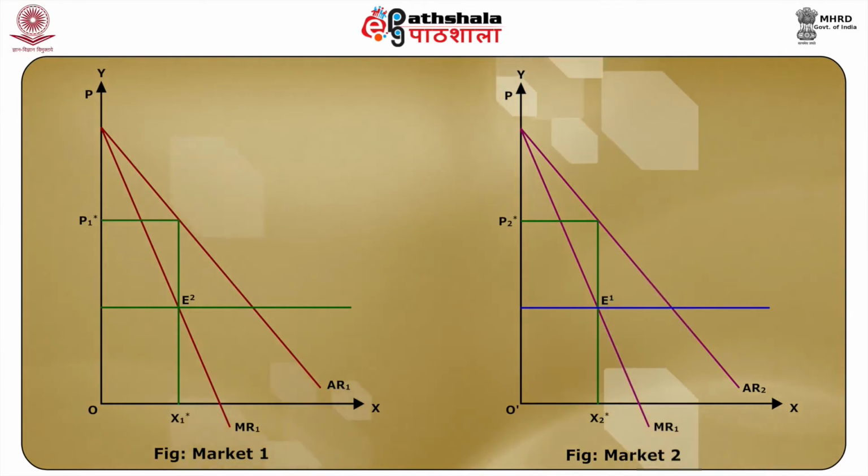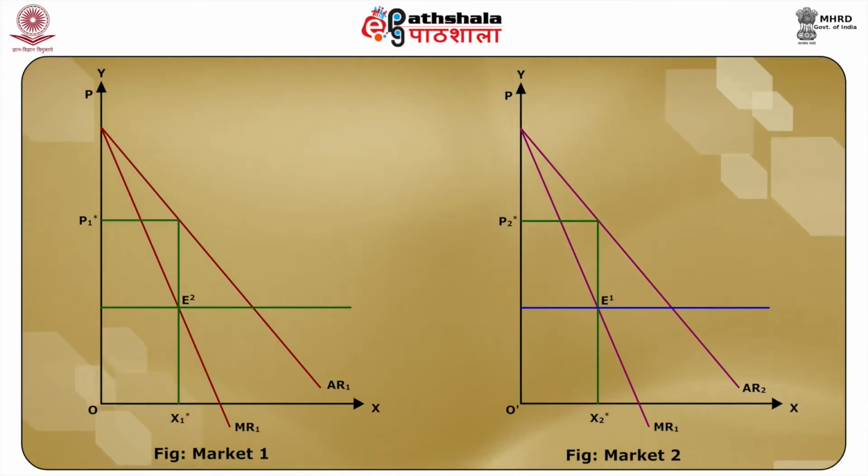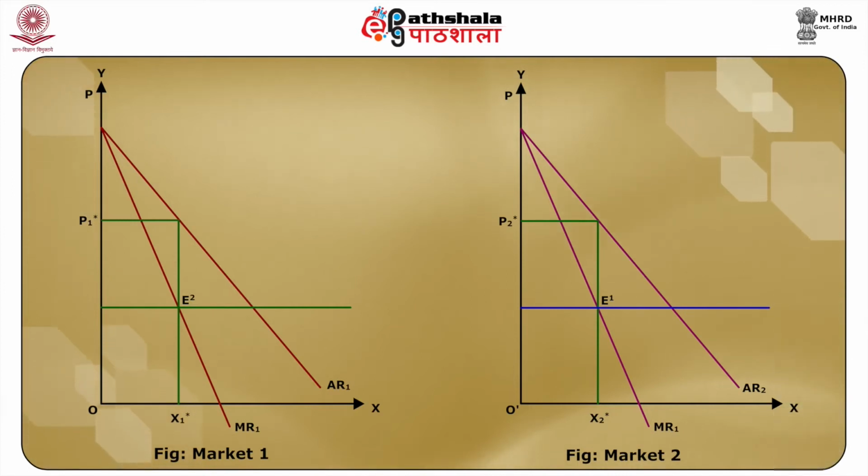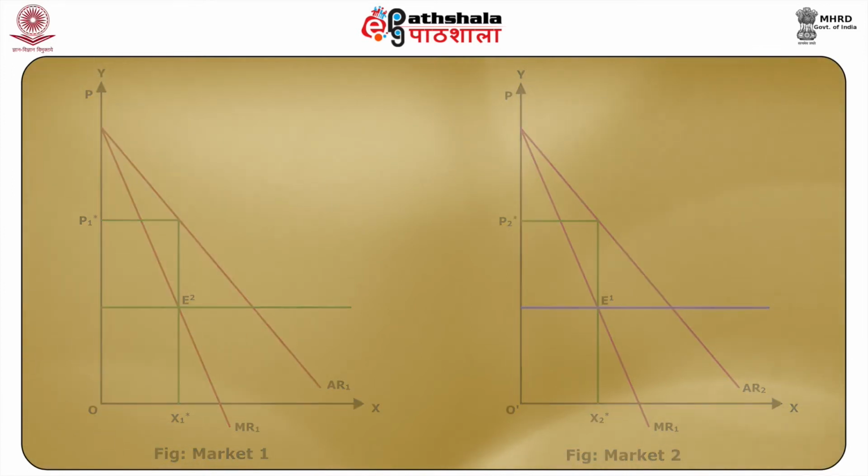Thus, the discriminating monopoly will sell X1 star amount of output in market 1 and X2 star amount of output in market 2 at prices P1 star and P2 star respectively.